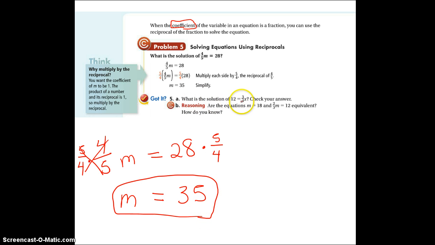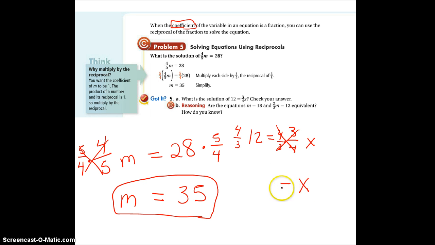So what is the solution of 12 equals 3/4 x? Well, if I wanted to use this concept, what I could do is multiply both sides by 4/3. So 4/3 times 3/4, when I multiply those two fractions together, they equal 1.